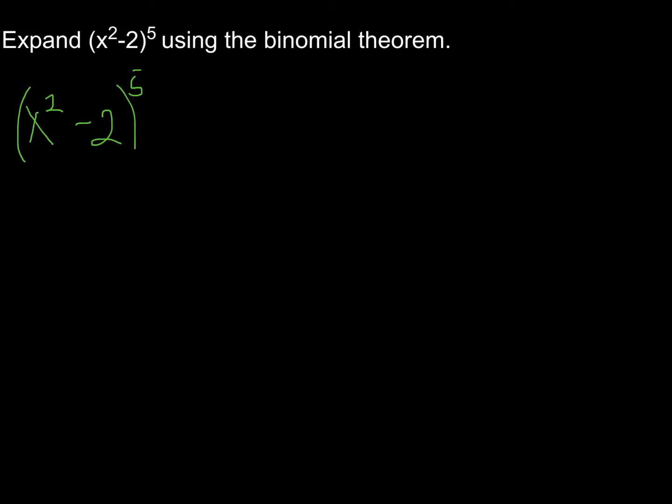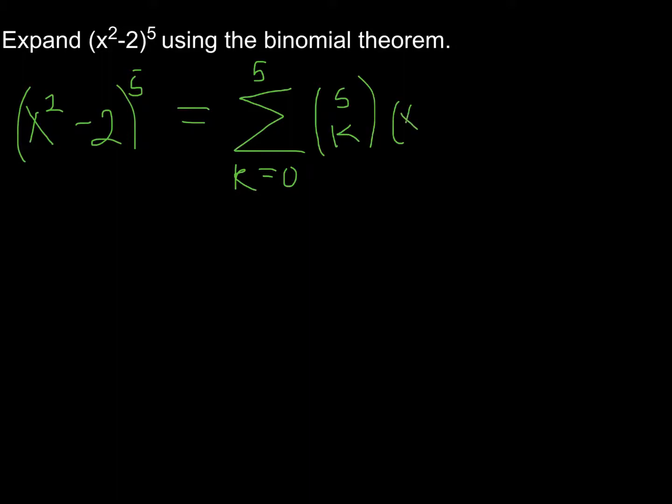So when I go ahead and write out my expansion, I'll just write it in summation notation, going from k equals 0 to k equals 5. So it's 5 choose k, x squared to the 5 minus k, times negative 2 to the k.